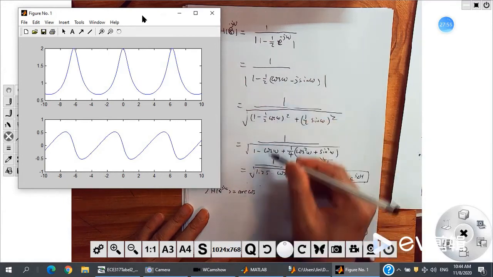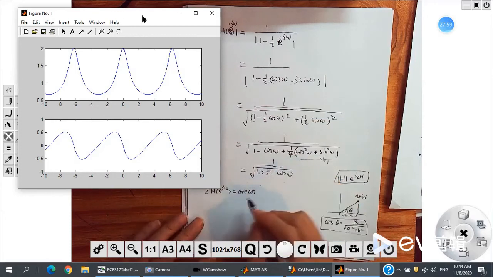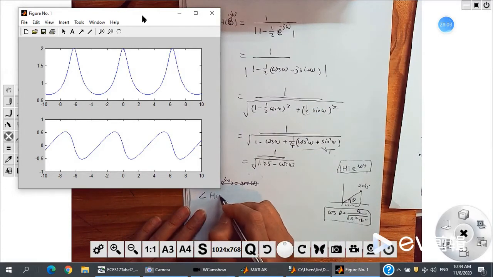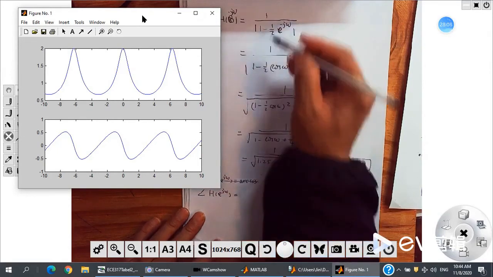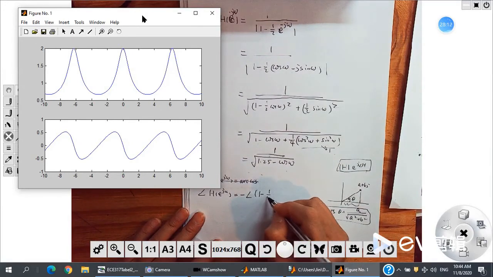Okay, now it is 1 over it. This is 1 over it, right? So this is the negative angle of 1 minus 1/2 e to the negative j omega.